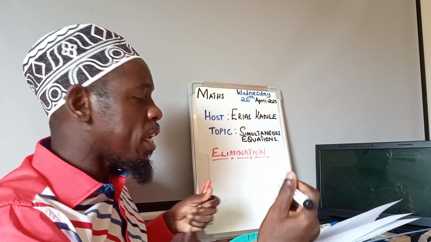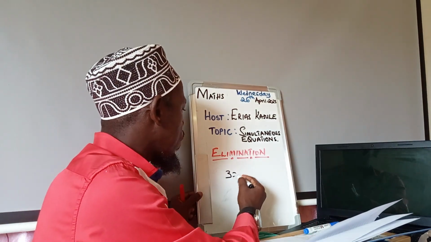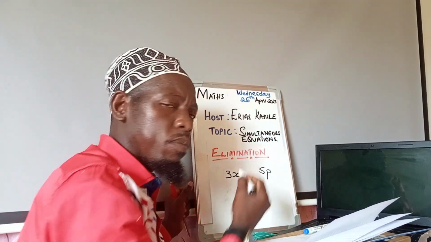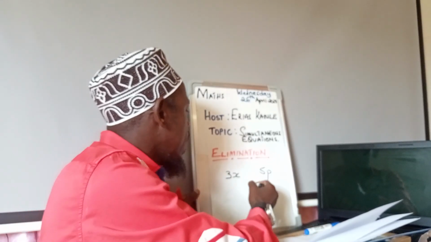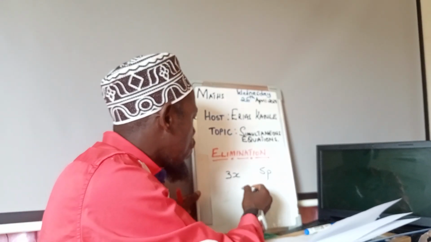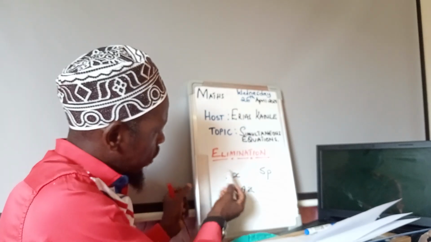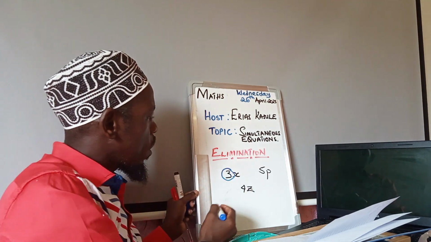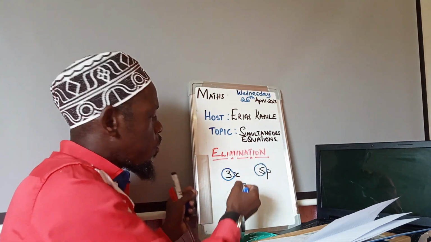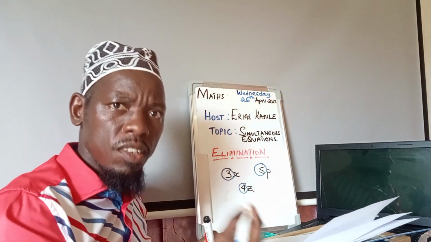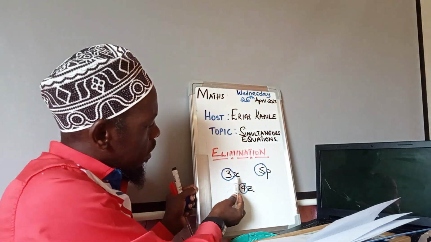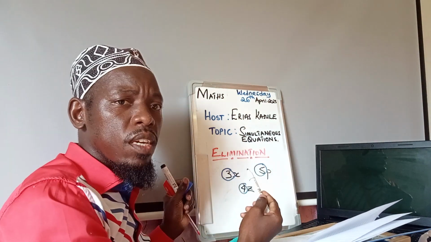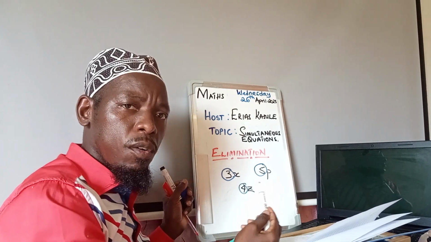For example, when I write 3x, when I write 5p, when I write 4z, those numbers, 3, 5 and 4, become the coefficients.